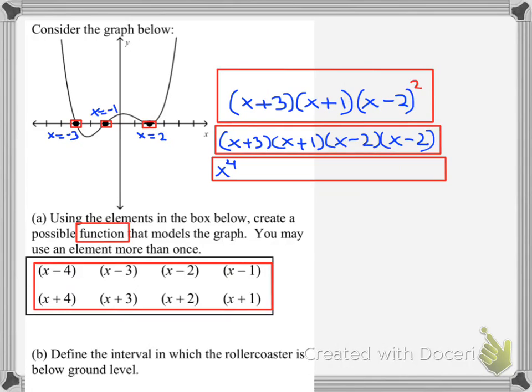Now, the second part of the question says, define the interval in which the roller coaster or the function is below the ground. So we want to find out when does it go below the ground or into negative, from where to where. So we know that it goes below the ground from this section right here.